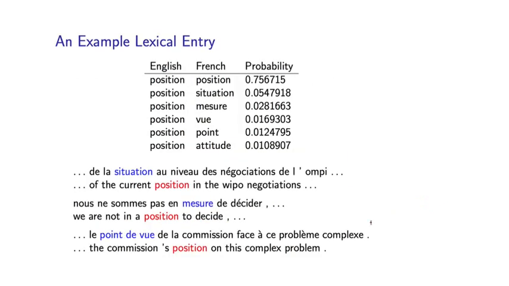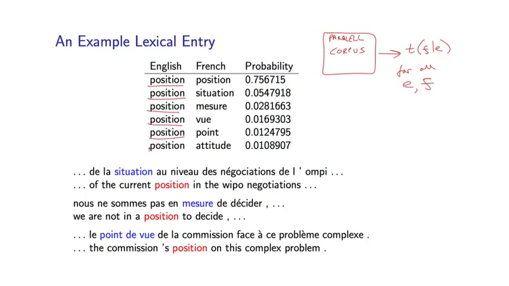So later in this class we'll see how to estimate these T parameters. Okay, so we're going to have some parallel corpus as the input to our model, and from this we're going to get T of F given E for all English words E and French words F. So we're actually going to get a conditional probability. What I've shown you here is one such entry from a model which is actually trained on real data, and this is for an English word position, a list of the most probable words in French once we've trained the parameters of this model.